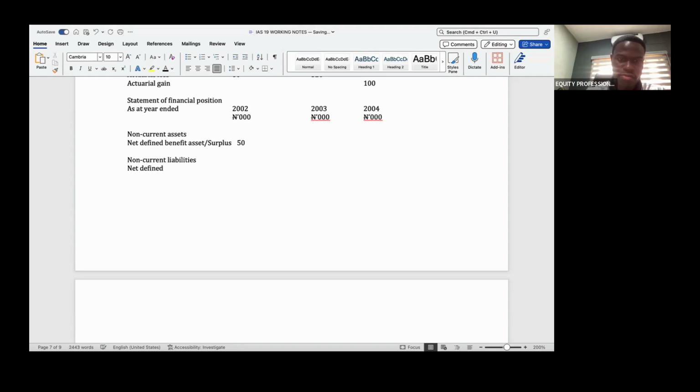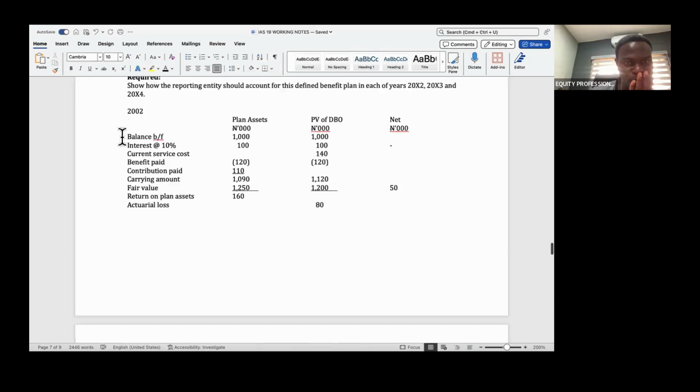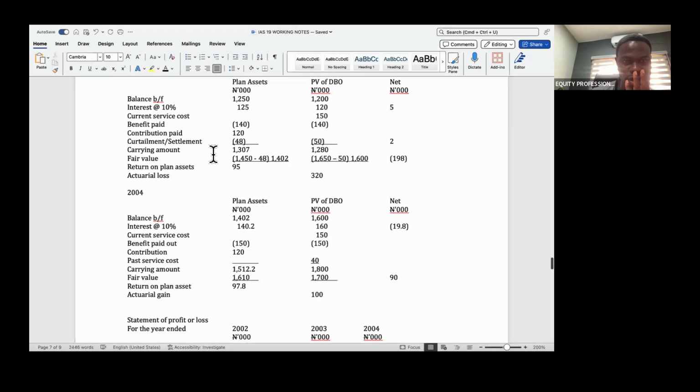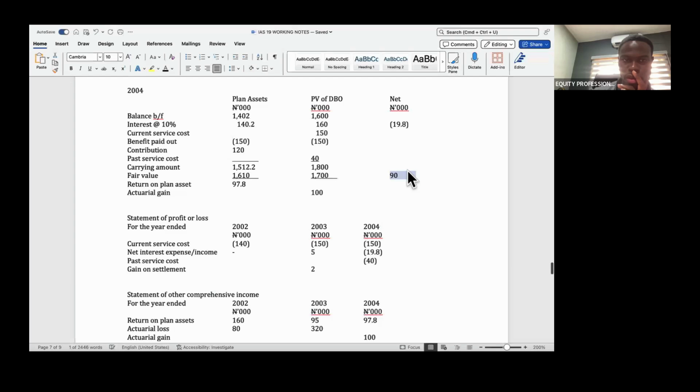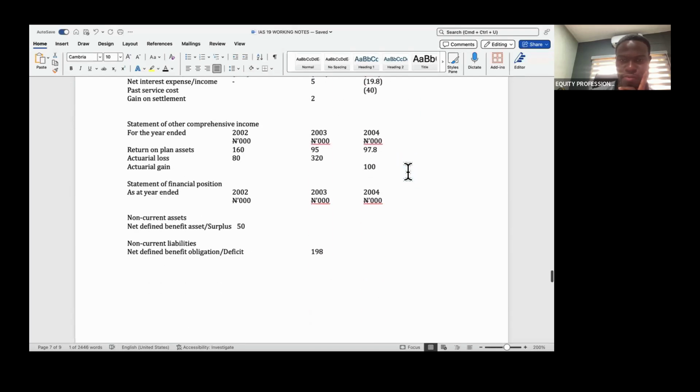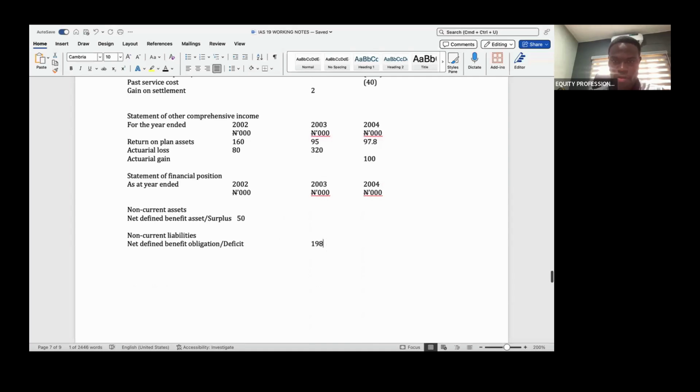That's my net defined benefit obligation or deficit, 198. And in 20x4, it was also a net defined benefit obligation of 90. So it will still be here as well. And that is the end of this question.